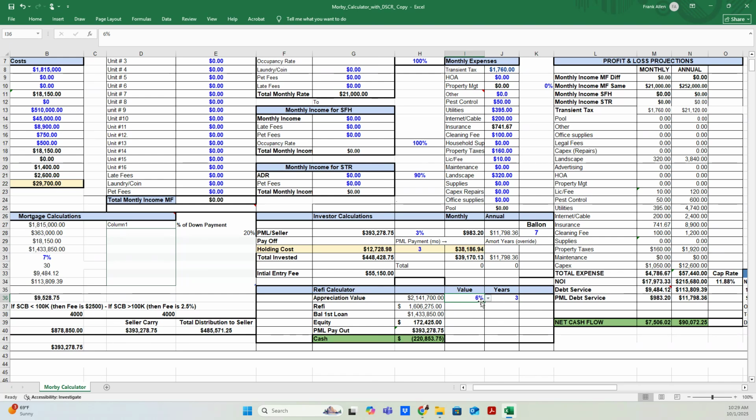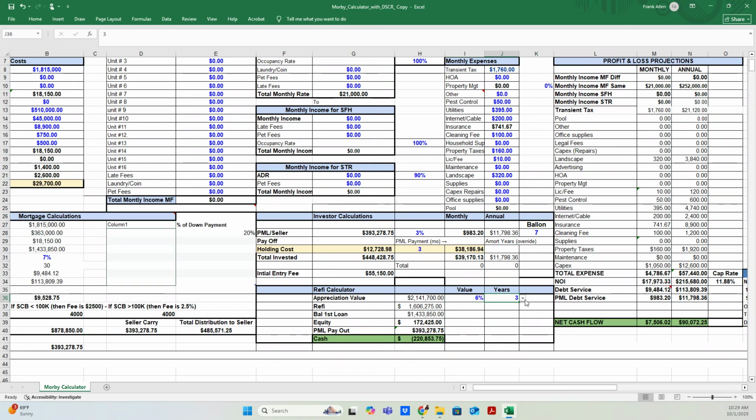If you put in 2%, you see your appreciation value is only 1.9, but if I give it 6, now it's 2.1. But in 3 years of appreciation, it's not enough time to pay out your private money lender.